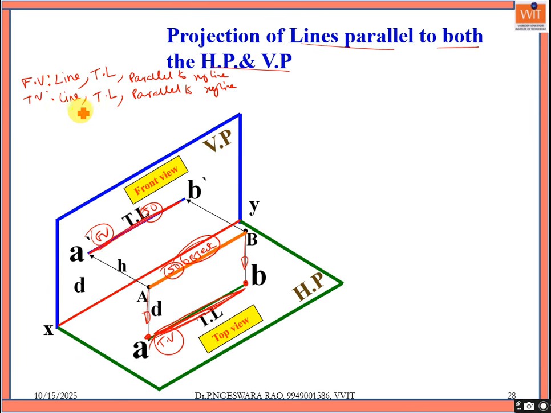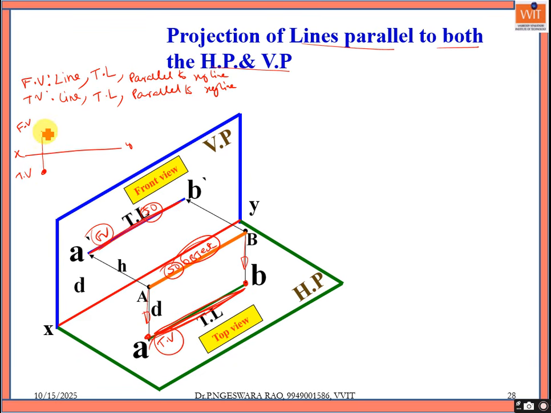Whereas in the top view we need to draw a line with the true length and parallel to the XY line. That means, suppose, first of all, after drawing the XY line, we have to locate one end of the line. Let us say by default we are following the first angle projection: the front view is above the XY line and the top view is below the XY line, that is the first quadrant.